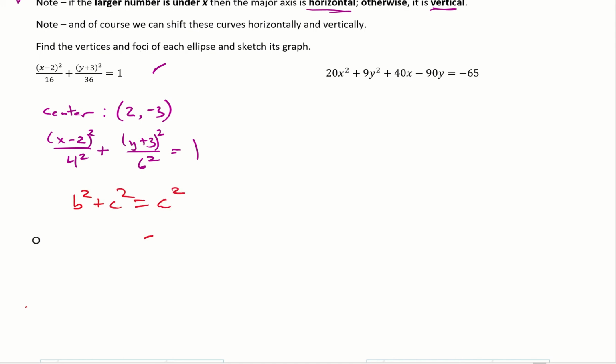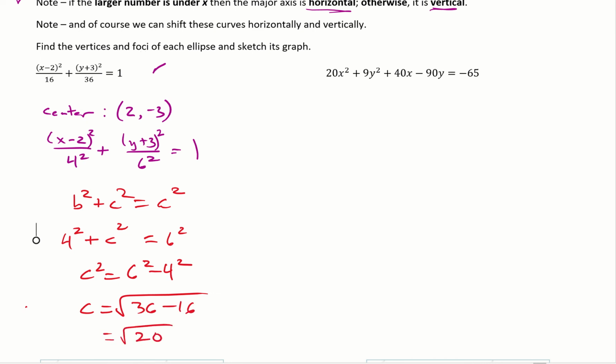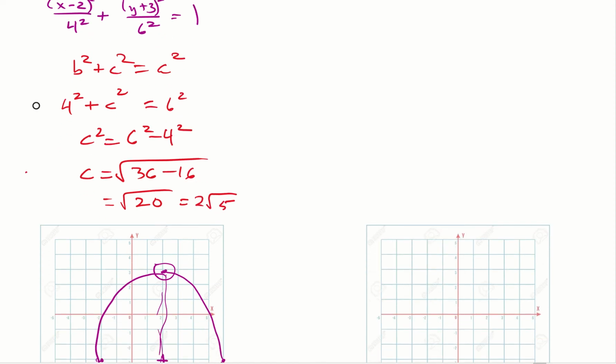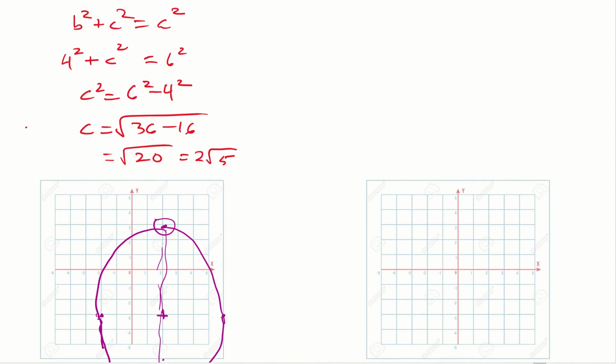Well, the big boy is 6 squared. The little guy is 4 squared. And the guy we don't know is c squared. So c squared is 6 squared minus 4 squared. So c itself is the square root of 36 minus 16, square root of 20. Okay? Not quite 5, is it? And it's nice to do this for Weber, 2 radical 5. So whatever that ends up being, square root of, it's not 5.